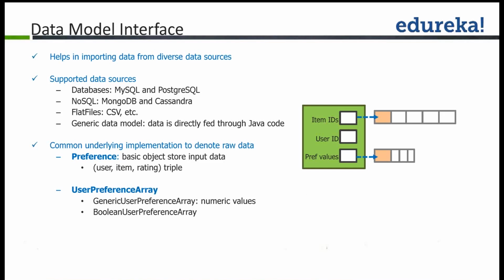Independent of your data source, you import the data and store it in this data structure, the user preference array. Then your subsequent algorithms for computing similarities between users, computing similarities between items, and every other algorithm will be operating on this particular representation.